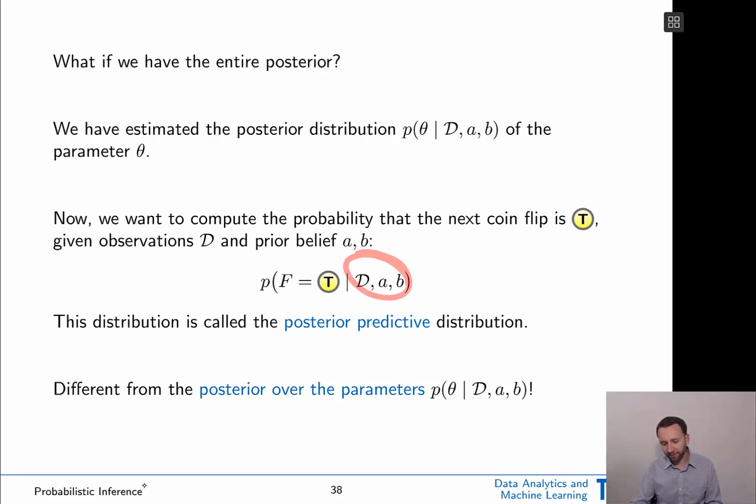This is what we have given. We don't have the theta given. We don't want to derive the theta, but we want to answer this question. Okay? And this distribution indeed is called the posterior predictive distribution. It is the prediction for our next instance, given the data and given our other hyperparameters.